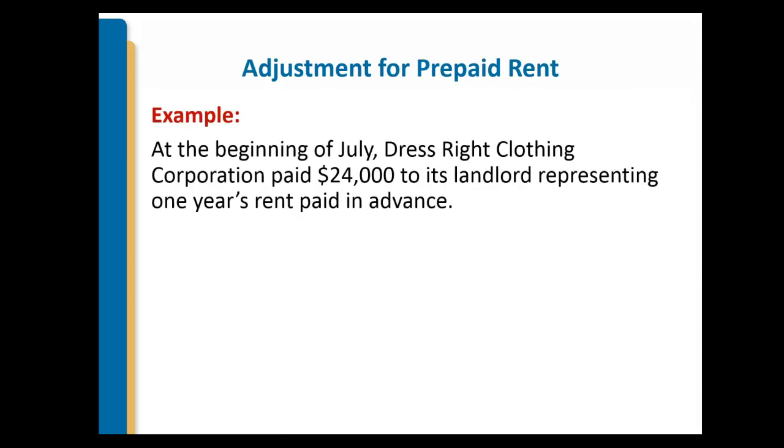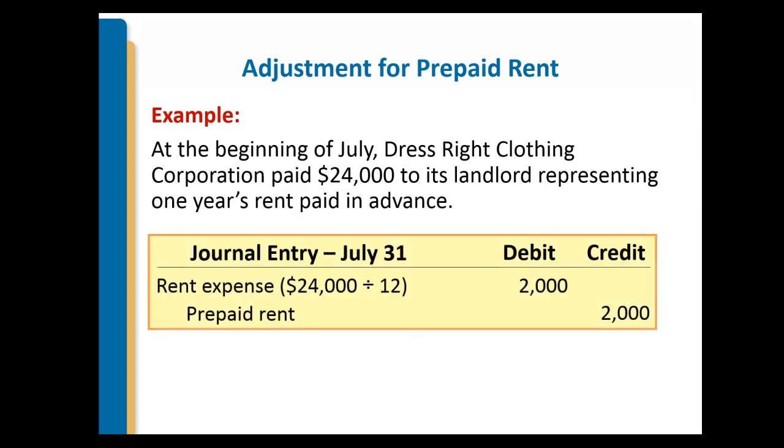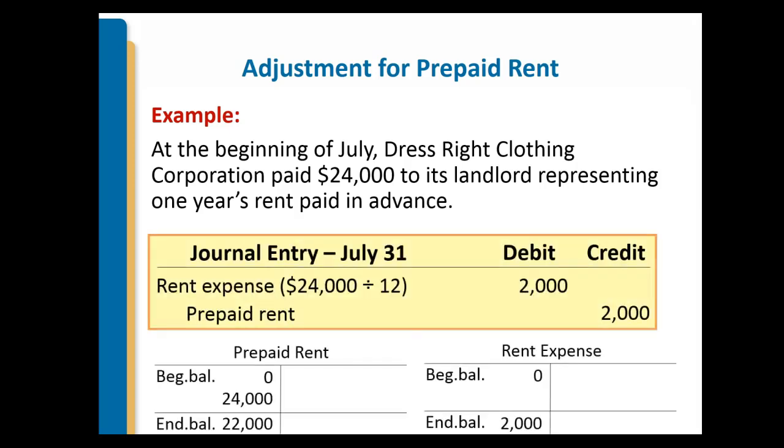Next, at the beginning of July, the company paid $24,000 to its landlord, representing 1 year's rent paid in advance. As it's reasonable to assume that the rent services provided for each period are equal, the monthly rent is $2,000.